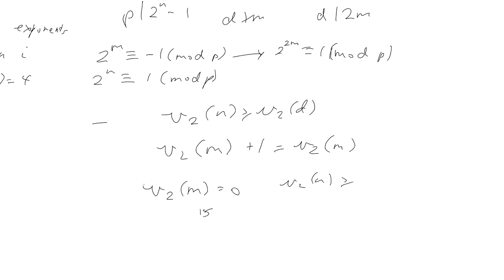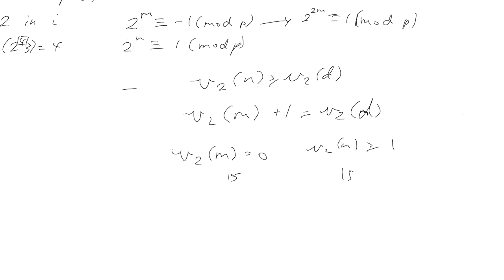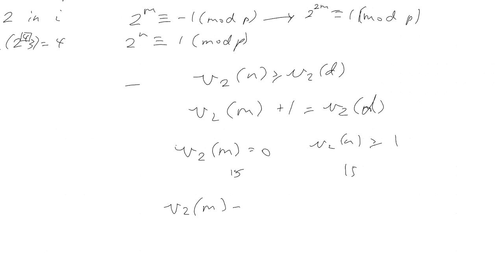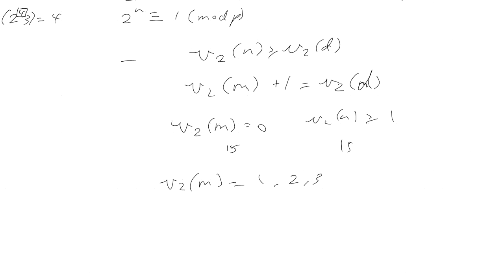Right, so v2 of n is greater than or equal to 1. There's also 15 here. Similarly, for v2 of m equals 1, 2, and 3 respectively, m has 8, 4, and 2 choices, while n has 7, 3, and 1.